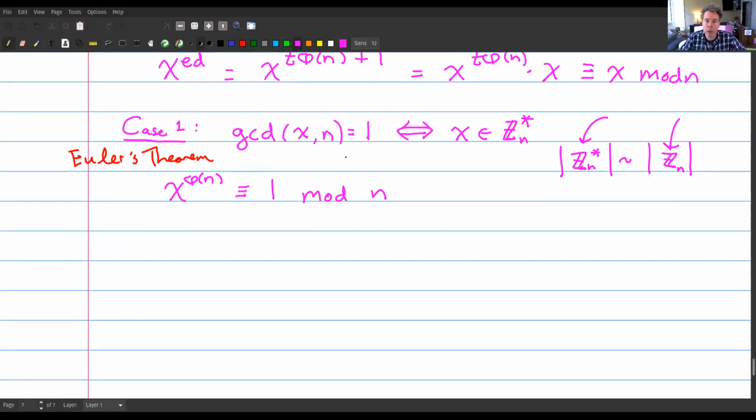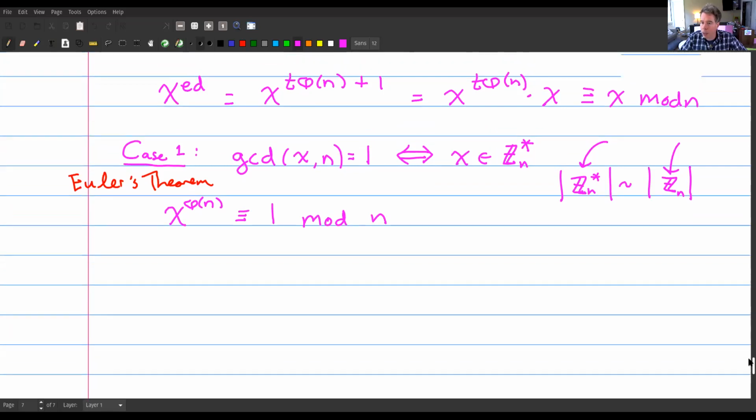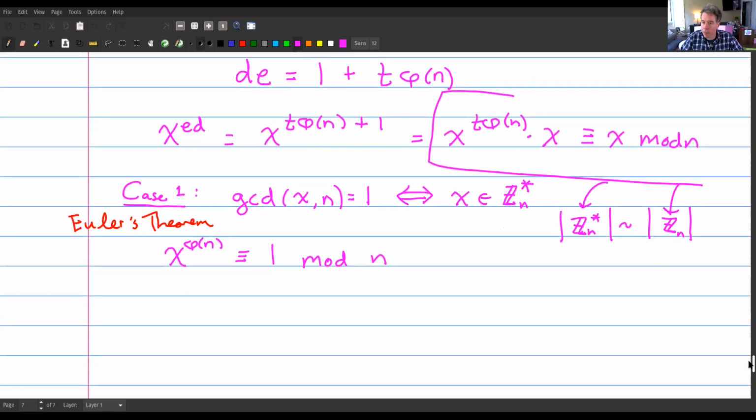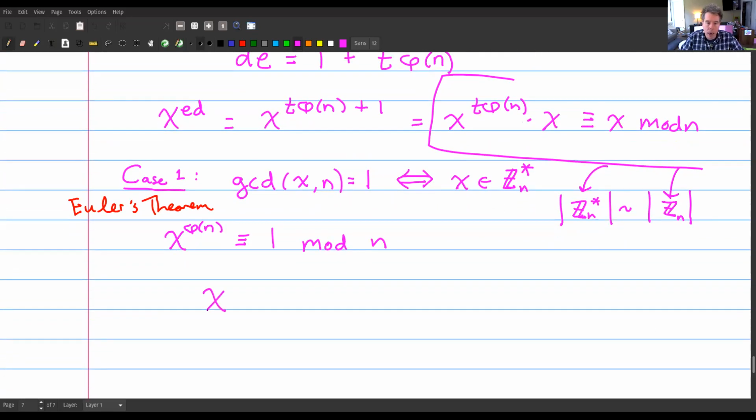Now that we know that, take a look at this expression again. x to the t times phi of n is the same thing as x to the phi of n, to the tth power. But now we know that this is equivalent to just 1 to the t, which is just 1 mod n.